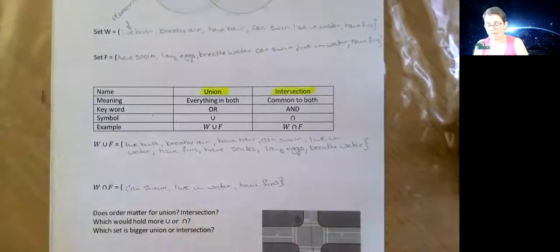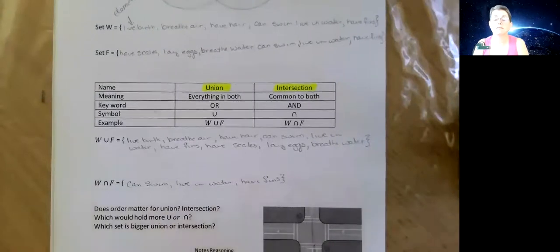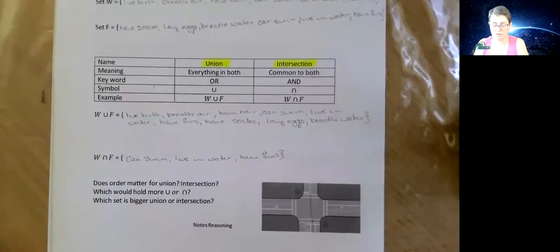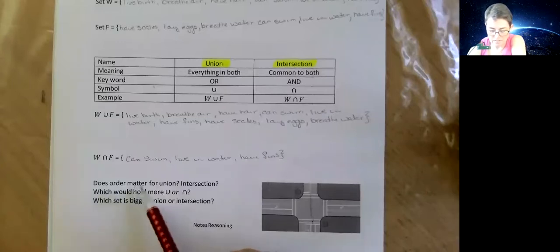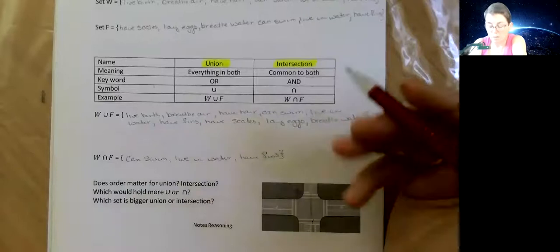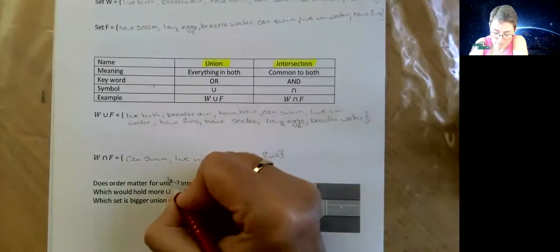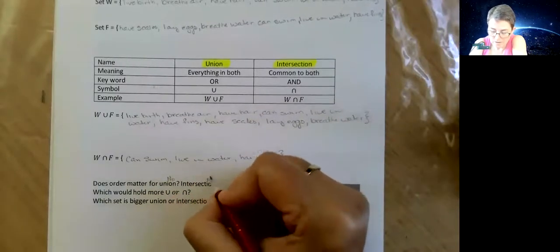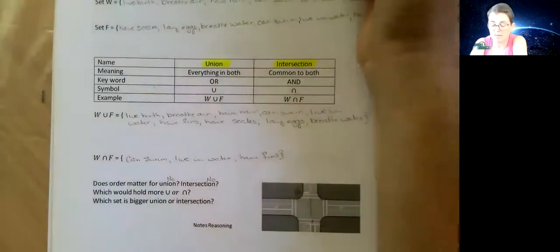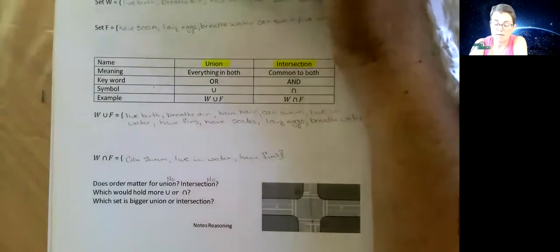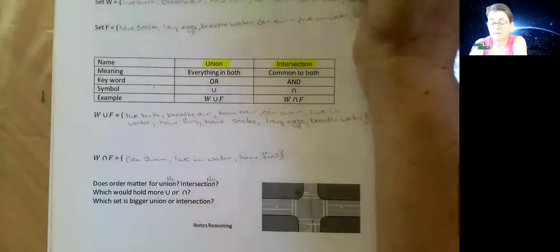Okay, so if you're doing both of these, intersection is always going to be the smaller of the two. Does order matter for union? No and no. So whether I'm looking at everything in whales and everything in fish, or I'm looking at everything in fish and everything in whales, I'm still getting the same.